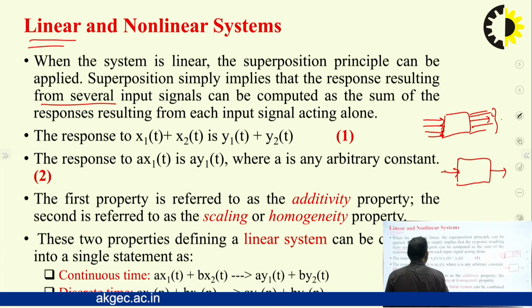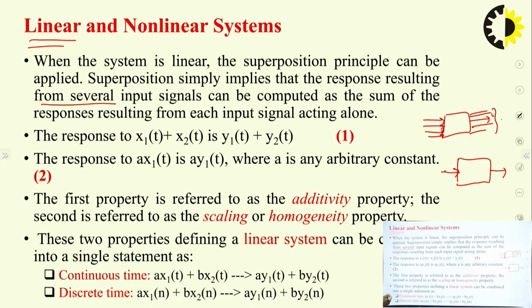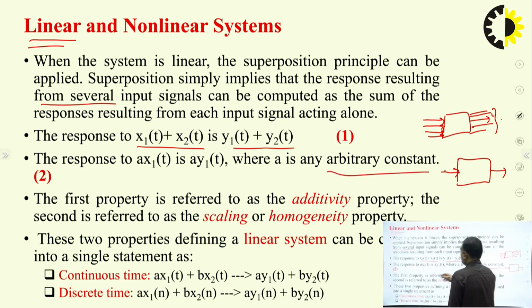So how can we define the linear systems then? If we take this type of signal x1(t) + x2(t), then the response to this input is y1(t) + y2(t). So this is one property. Another property is that the response to a x1(t) is a y1(t), where a is an arbitrary constant. This is the second condition.